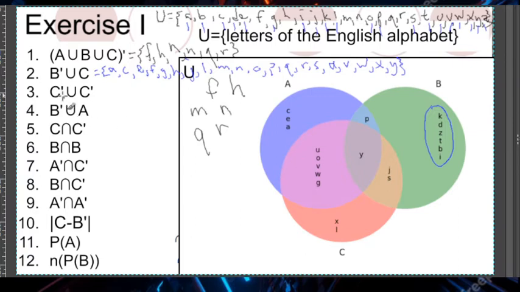So that is everything that is not in B or is in C. So this is the stuff that is in B that is not in C.